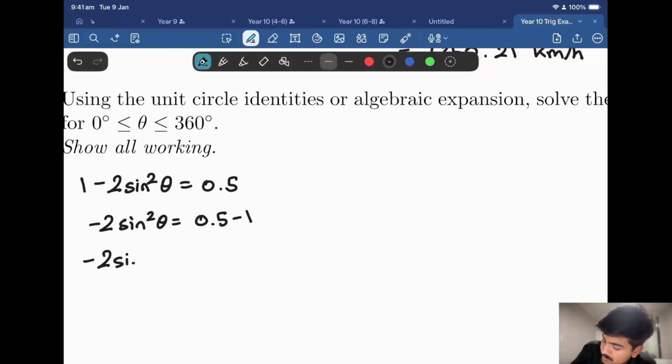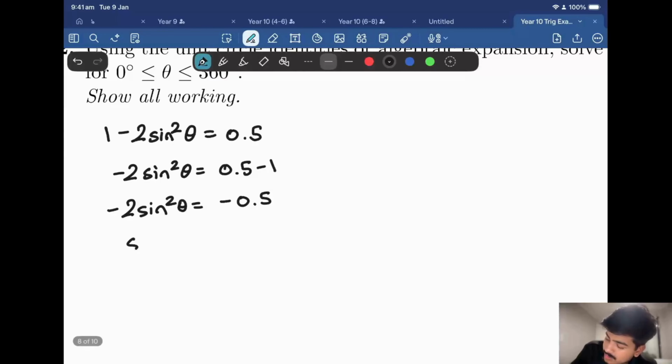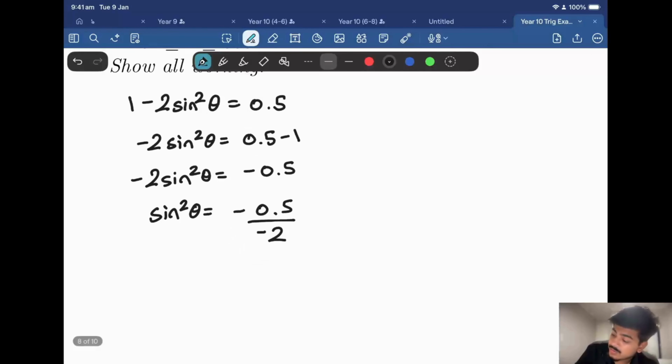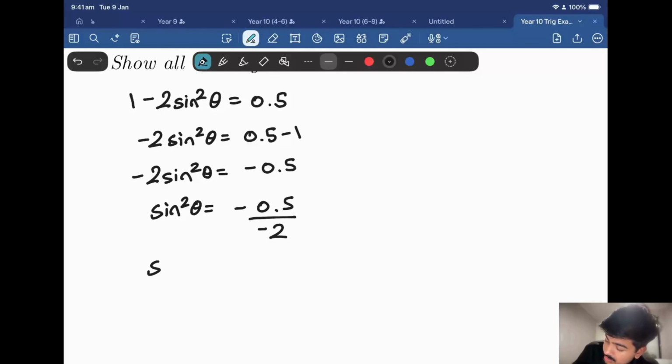Negative 2 sine squared theta is negative 0.5, right? So sine squared theta is negative 0.5 over negative 2. When you put that into our calculator, sine squared theta should just be 1 over 4. Yep, it is 1 over 4.